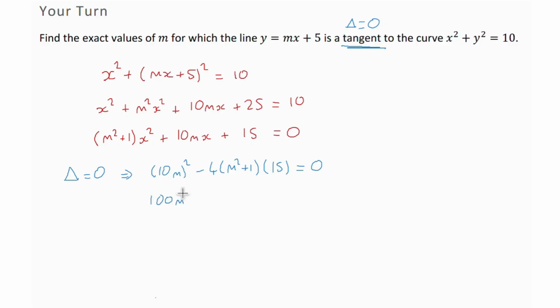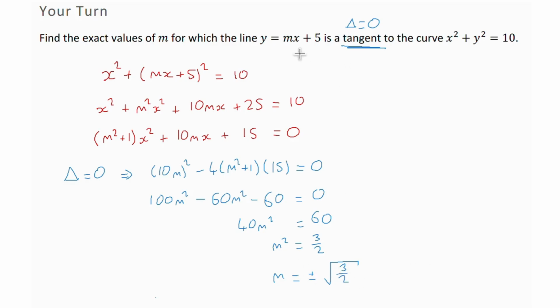Expanding this, we get 100m squared minus 4 times 15, which is 60, so we get minus 60m squared minus 60 is equal to 0, which means 40m squared is equal to 60. m squared is equal to 60 divided by 40, which is 3 over 2, which means that m is equal to plus or minus the square root of 3 over 2.